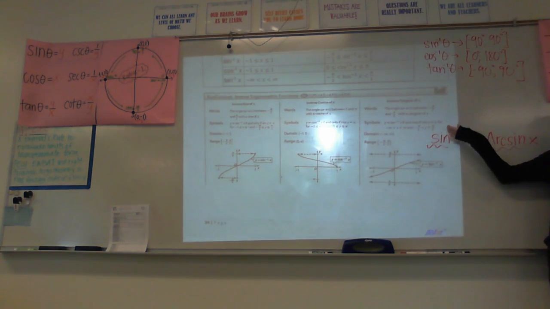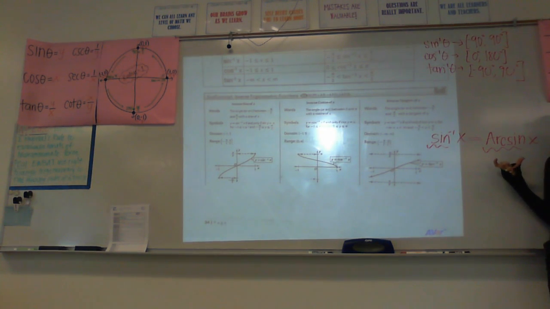When we see the inverse notation versus the arc notation, same idea. For both scenarios, your goal is to find an angle as your answer, like we did on the previous activity. Arc is another way to represent an angle on our circle, an arc that's formed. That's the only difference here, but they mean the same thing.